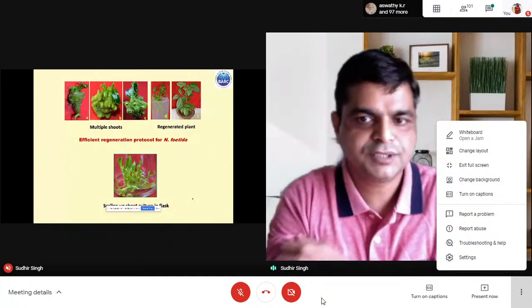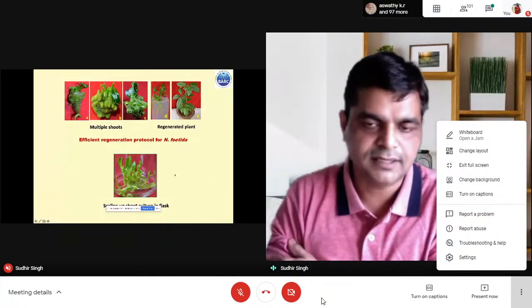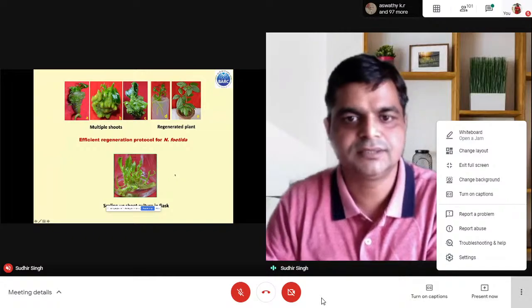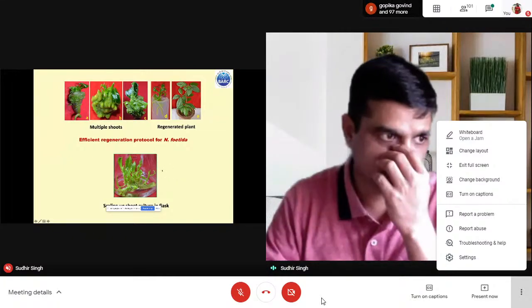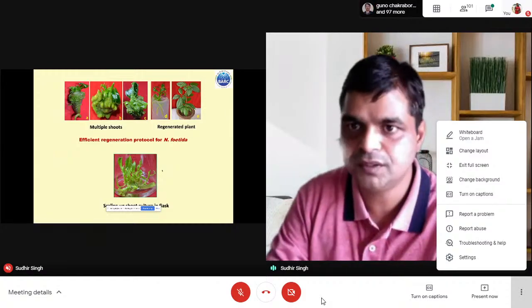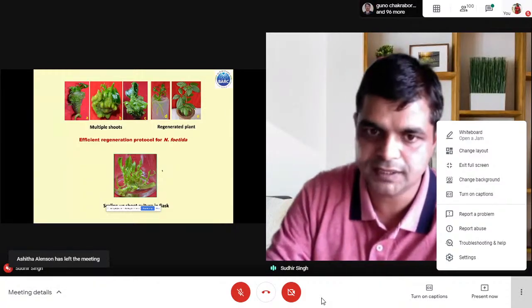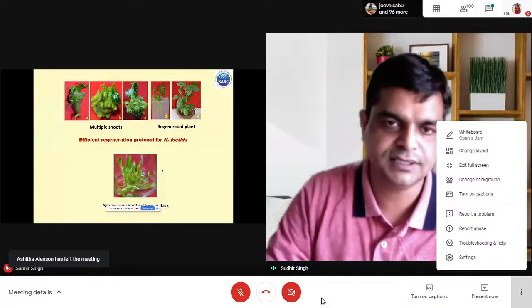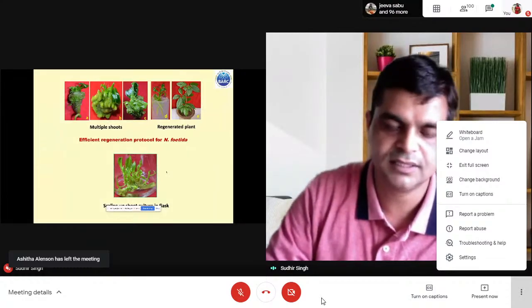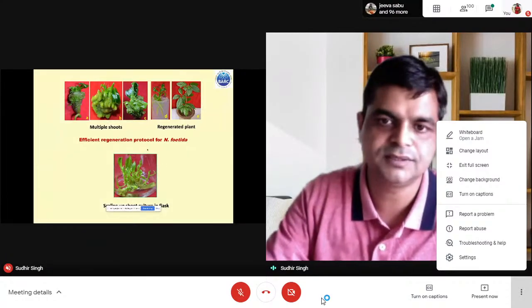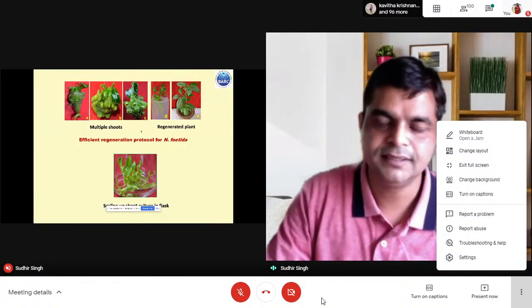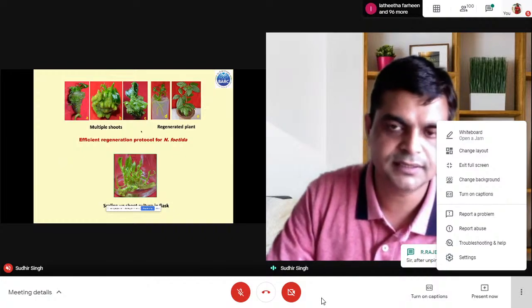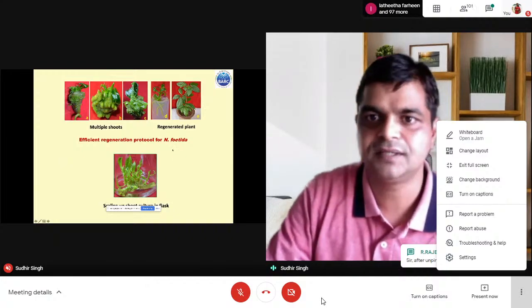Our protocol with respect to another plant, that is Mappia, is also ready, and we are also doing transformation, but you must remember that Mappia is a tree species. So if you are given a choice to work on a herb species like Ophiorrhiza, or on a tree species, it is always advantageous to work on the herb, because tree species, though they will have a higher final level of camptothecin, are difficult to regenerate, difficult to transform, and take longer.